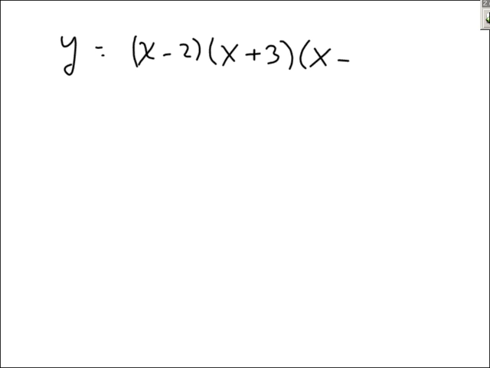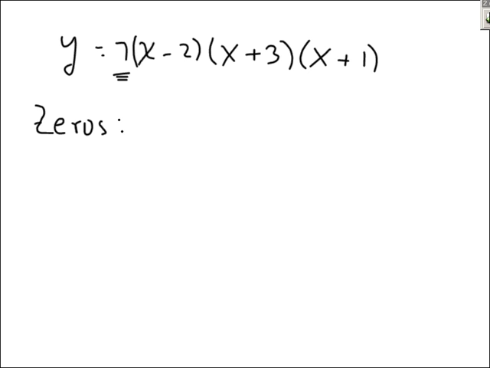So suppose you were asked to graph y is equal to 7 times x minus 2 times x plus 3 times x plus 1. The first thing you want to do is find the zeros. What are the zeros? Even if you have a 7 in front, the first factor, 7, is never 0.